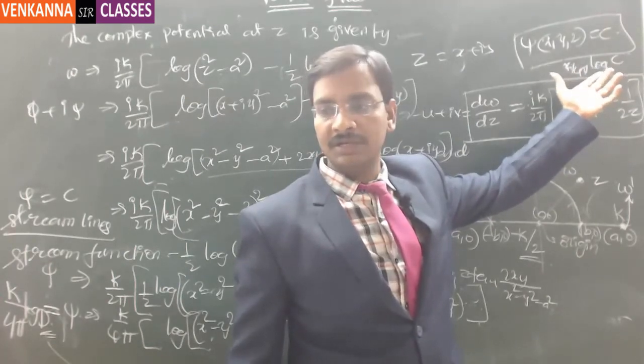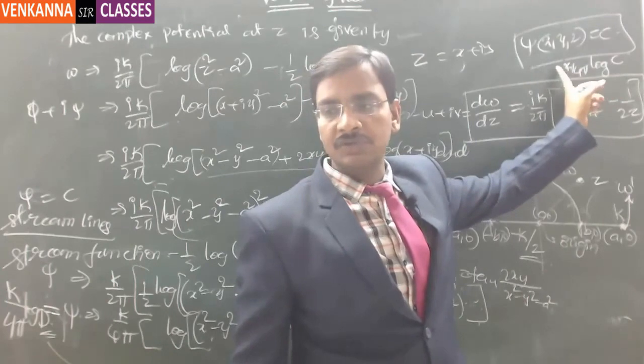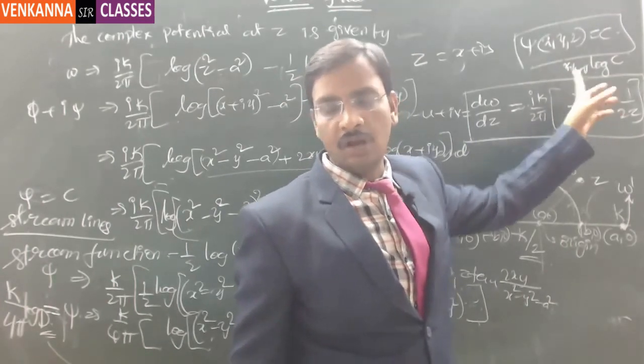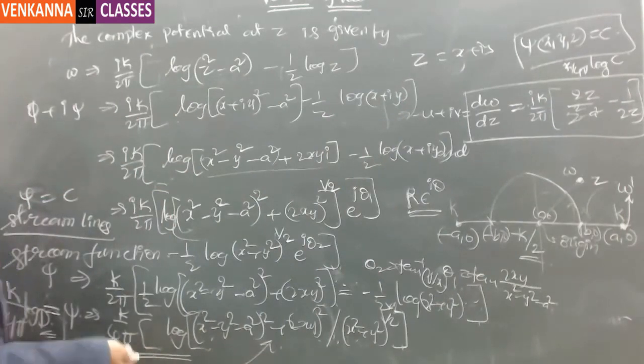Why I have selected this method of finding the arbitrary constant is that I can avoid the confusion of k by 2 pi times of log, which is on the right side, so that I can remove that factor if I incorporate it into the constant part. Clear now? Got it or not?